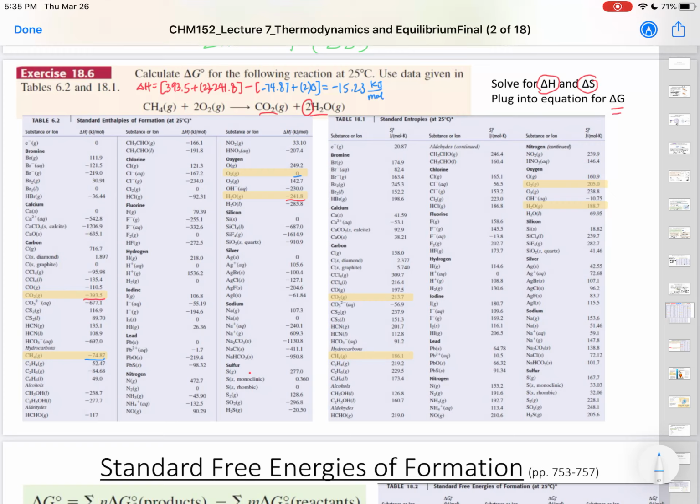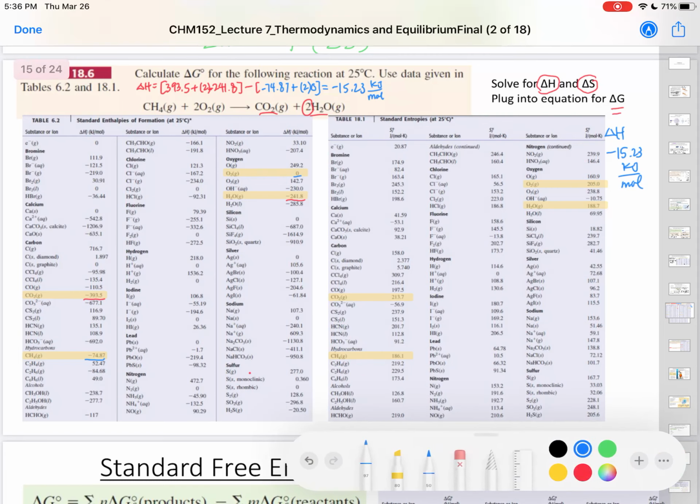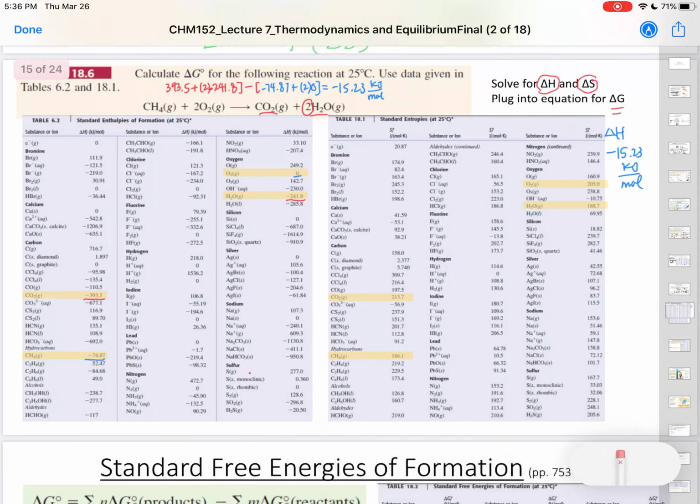And remember, I am in kilojoules per mole. All right. Then for delta S, let's write this down here so I can keep track. I've got my delta H. It's minus 15.23 kilojoules per mole. All right.